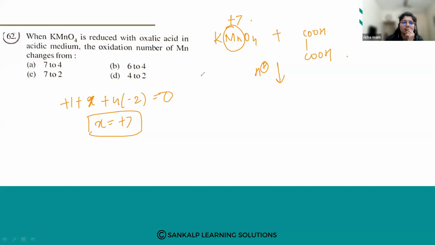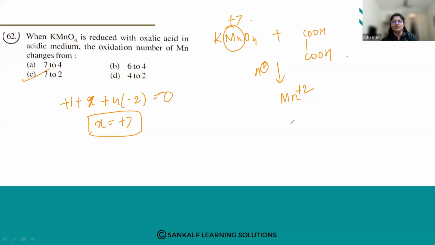Now when your KMnO4 is reduced by oxalic acid, what is happening? KMnO4 oxidation state is +7, and when it is reduced it becomes Mn plus 2. So from +7 to +2, there is a gain of 5 electrons. The oxidation state changes from +7 to +2.